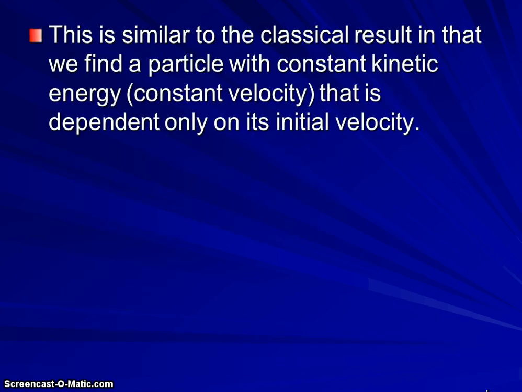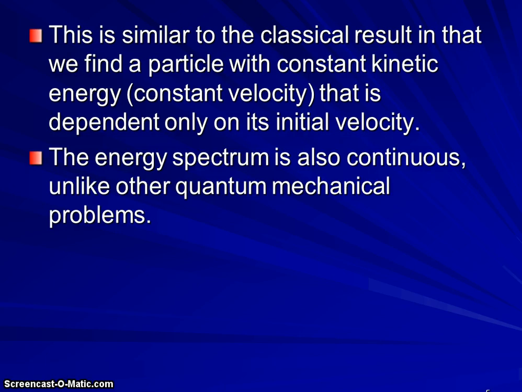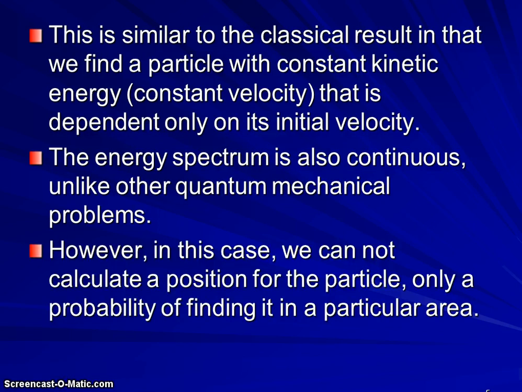This is similar to the classical result in that we find a particle with constant energy, constant velocity, that is dependent only on its initial velocity. The energy spectrum turns out to be continuous in this case. That won't be the case in any other quantum mechanical problem. We will have step or quantized or digitized energy values for any other quantum mechanical system.